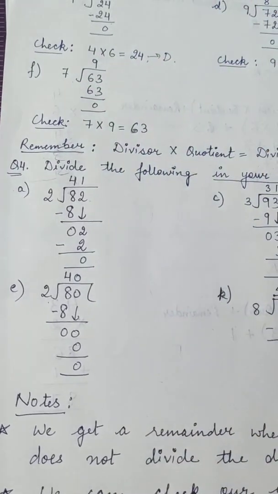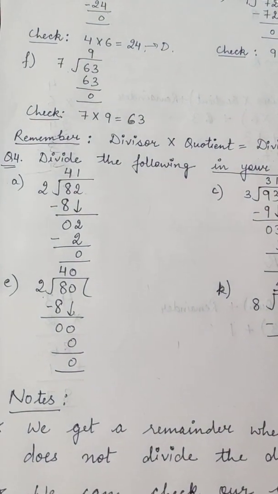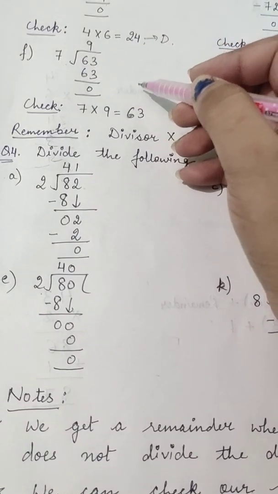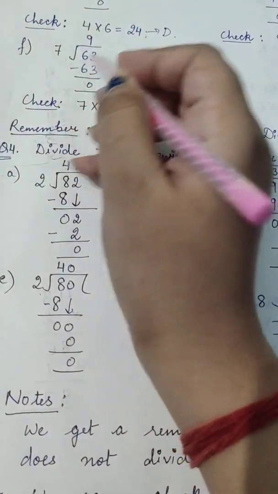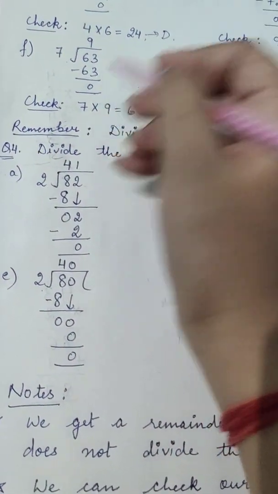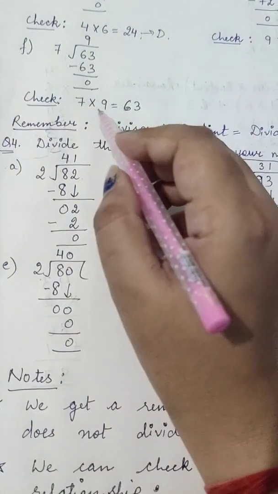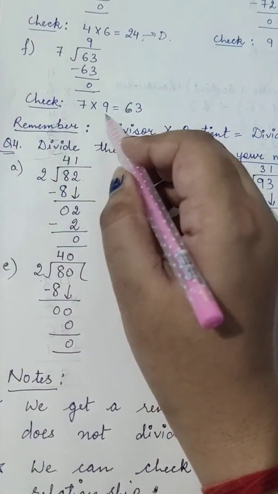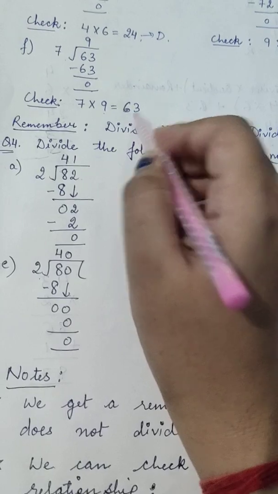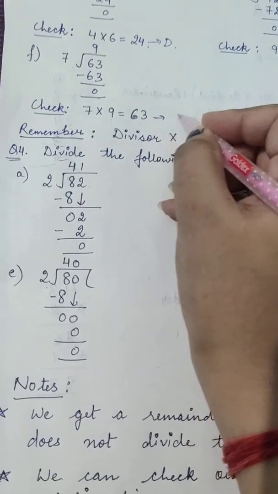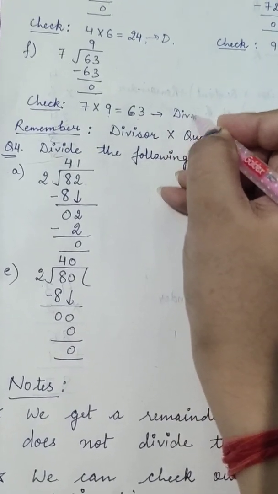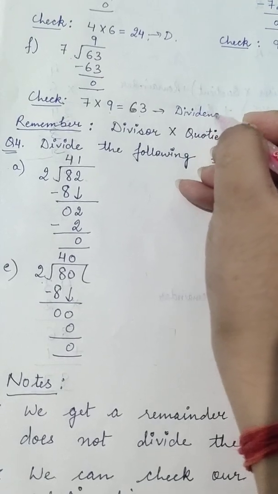Now we have to read the table of 7. 7 9s are 63, and after subtracting both of these we got 0 as remainder. For checking we have to multiply the divisor and quotient, which will be equal to our dividend. Hence our answer is correct.